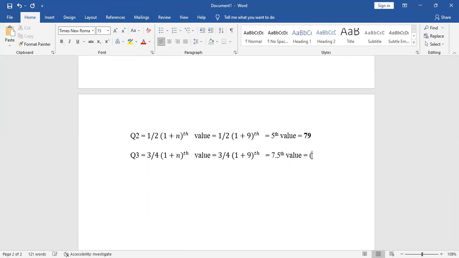So I'll say 81 plus 85 divided by 2. We have 83. So 83 is our third quartile.